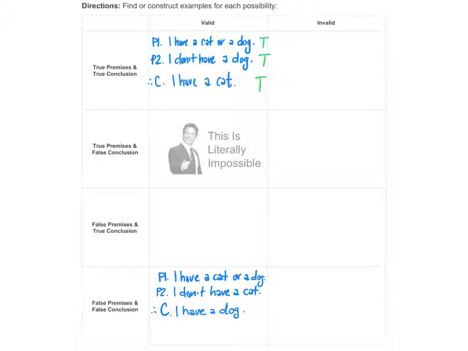If, emphasis on if, the premises are true, then this conclusion has to be true. It's impossible that both of these premises could be true and yet the conclusion could be false. Now, as a matter of fact, premise 1 is true, premise 2 is false, I do have a cat, and the conclusion is false, I don't have a dog, but it's still a valid argument.